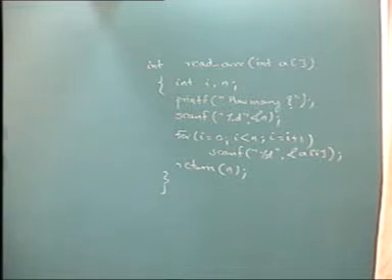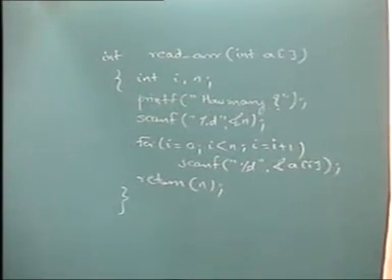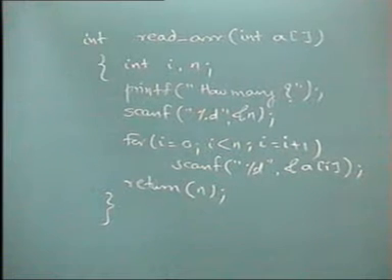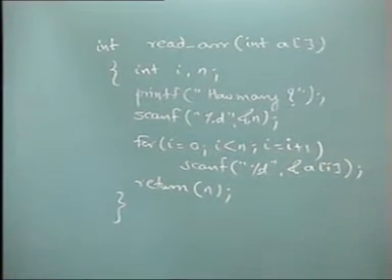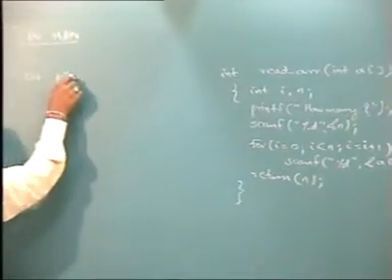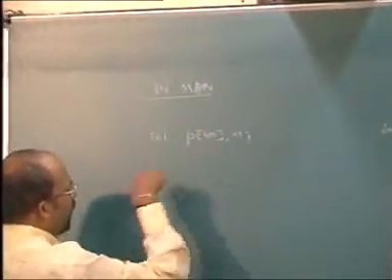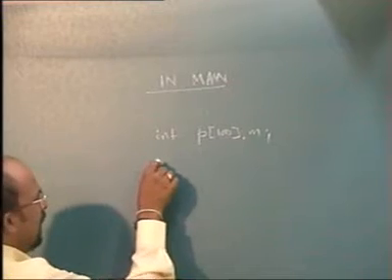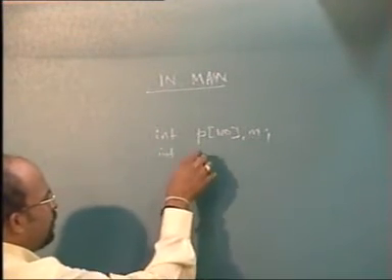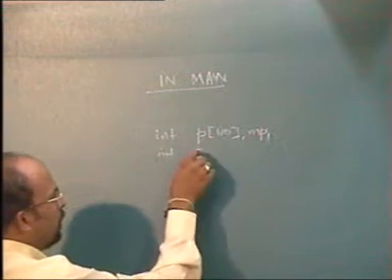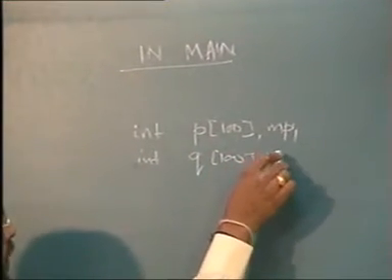Now in main, I can have say int p[100], m, and I can also have one more array, let me call this q[100], mq.